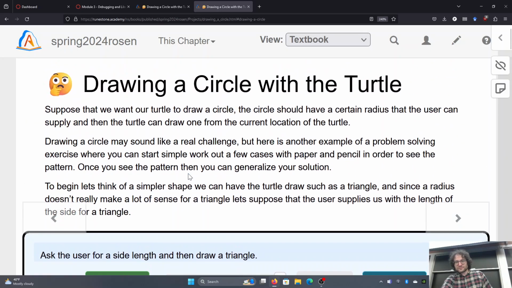So the idea here is that our end goal today is getting Bob to draw a circle, okay? It's actually a bit of a challenge. So we're going to start out with some simpler regular polygons, right? Polygons are shapes, and regular polygons specifically are shapes with equal sides and equal angles, right?